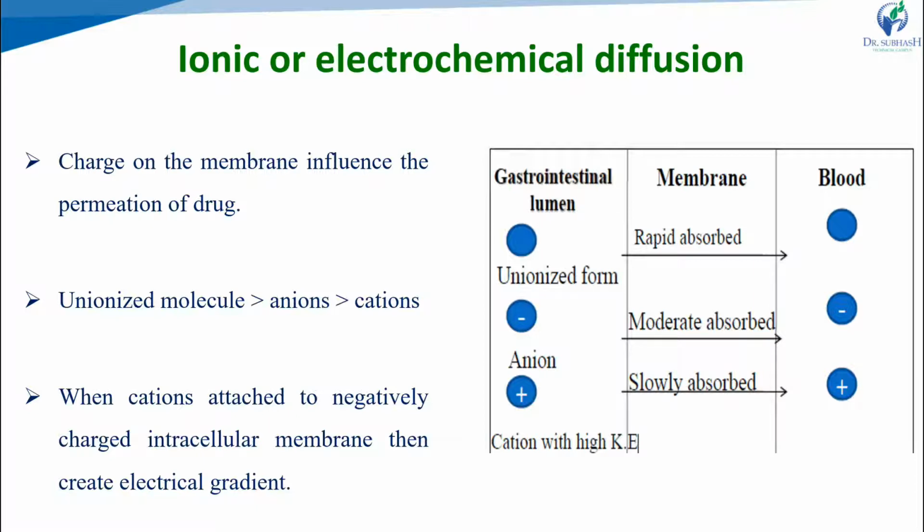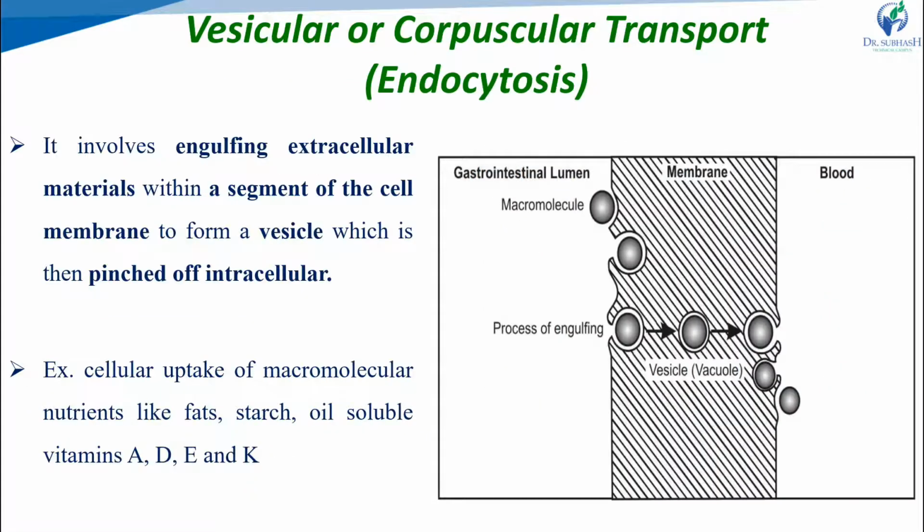Here the order is: unionized drug is absorbed faster and in higher amounts as compared to anions and cations. Between anions and cations, anions go faster as compared to cations. That is the ionic or electrochemical diffusion process. When cations attach to a negatively charged intracellular membrane, it creates electrical gradients. So that is ionic or electrochemical diffusion.